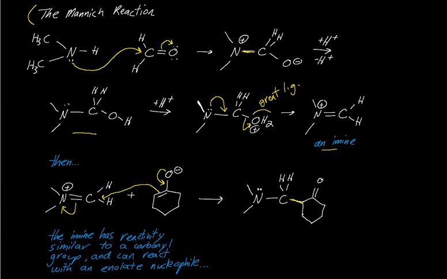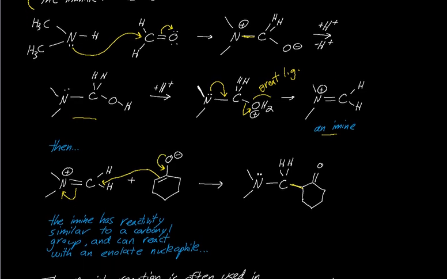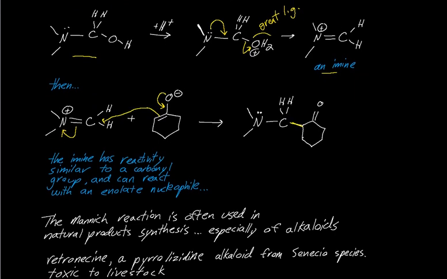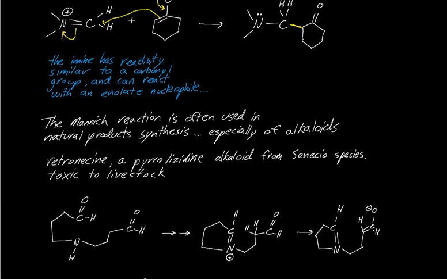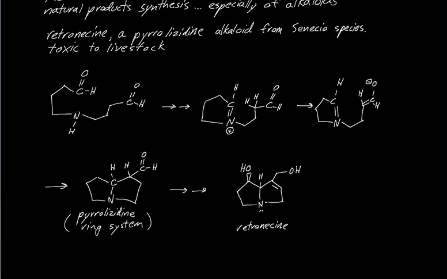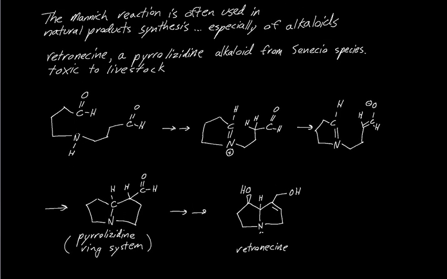So the Mannich reaction was a great route toward a lot of nitrogen-containing natural products. Often we call those alkaloids. So this is a brief, not showing all the details, synthesis of the alkaloid retronecine, which is called a pyrrolizidine alkaloid.